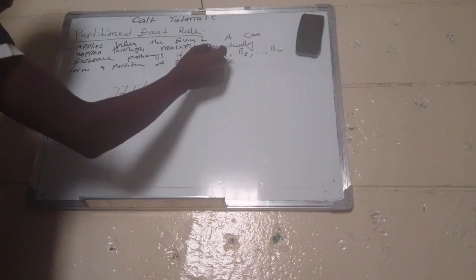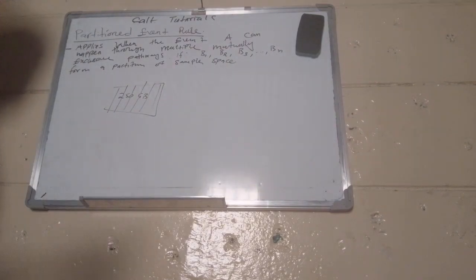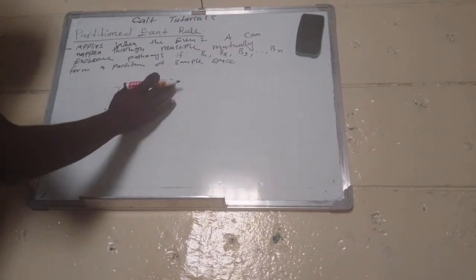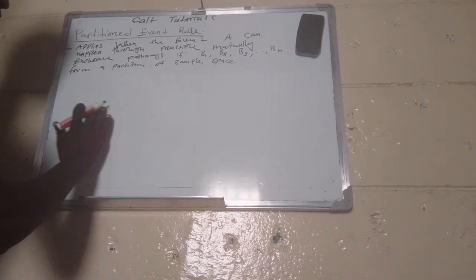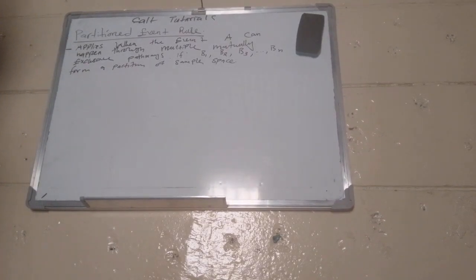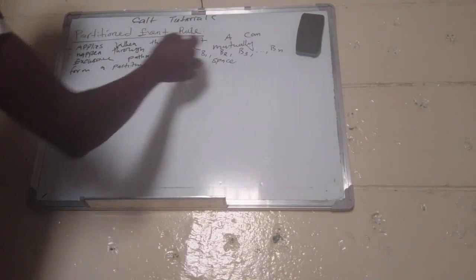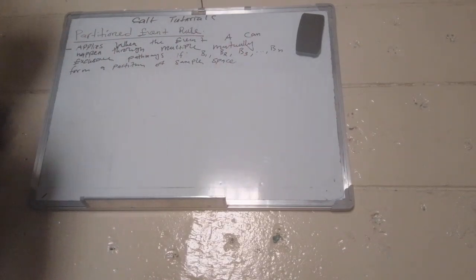You can call them B1, B2, B3, Bn. So now, what are we simply saying here? I'm simply saying that the partitioned event rule applies when the event A can happen through multiple mutually exclusive pathways.